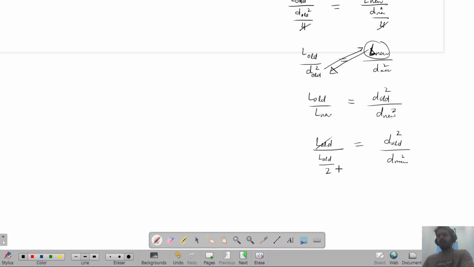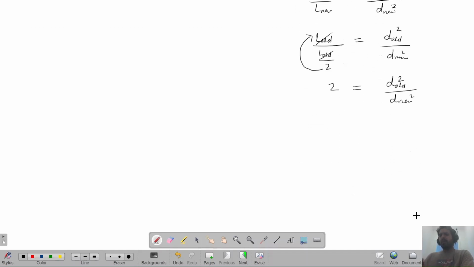And now L old will cancel with L old, and this factor of 1/2 in the denominator must go here on top, and we will have 2 equals old diameter squared divided by new diameter squared. And now if we want to find new diameter, we rearrange this equation for d new. So I will have d new squared equals d old squared divided by 2.